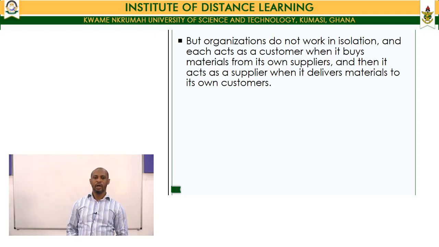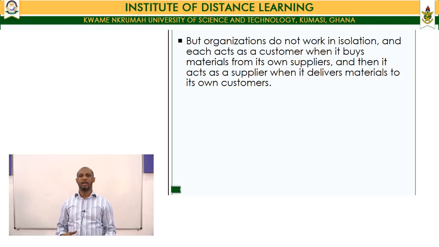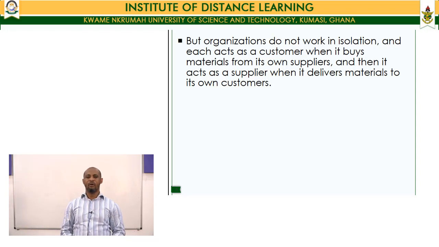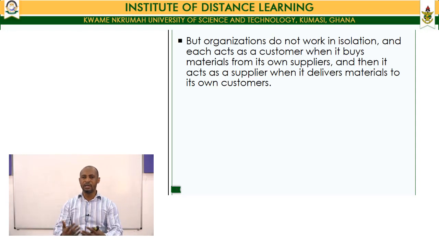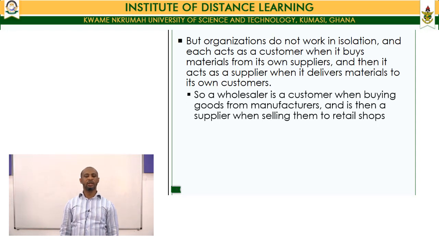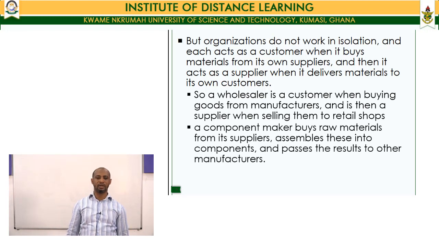So, no matter what, every now and then, organizations are either acting as suppliers when they deliver materials, or they are acting as customers when they take delivery of materials. So a wholesaler is a customer when buying goods from manufacturers, and is then a supplier when selling them out, like I mentioned earlier. The same applies to a component maker.